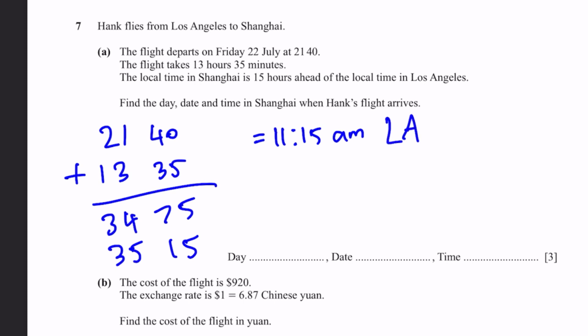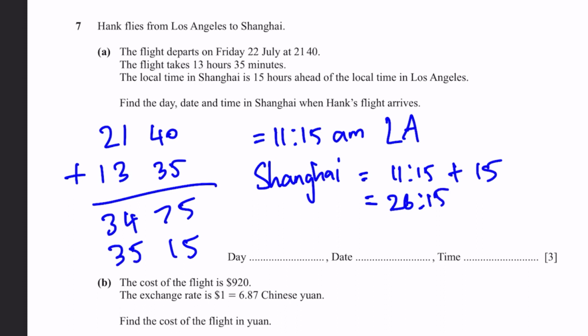But then in Shanghai, the time is 15 hours ahead. So it's 11:15 plus 15, which is equal to 26:15, but there's no 26th hour, so minus 24, 2:15 a.m. So that's the time, 2:15 a.m. And here we'll write it as 0215 hours in 24-hour timing.